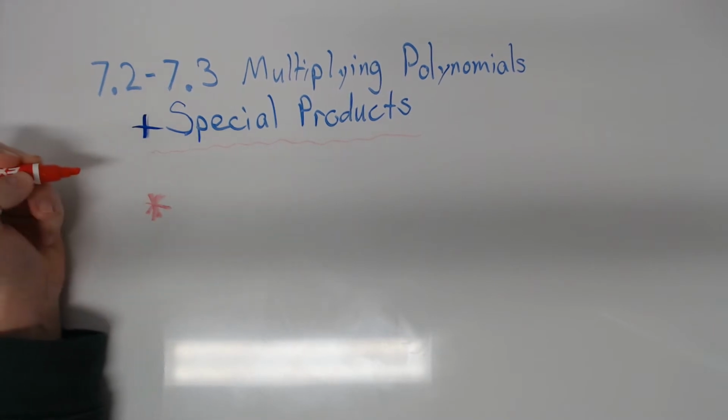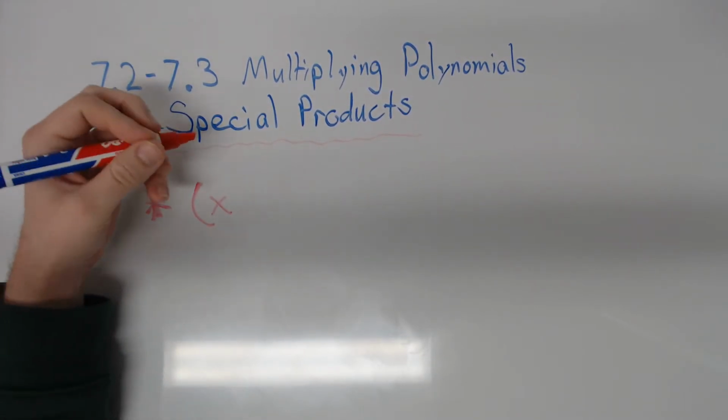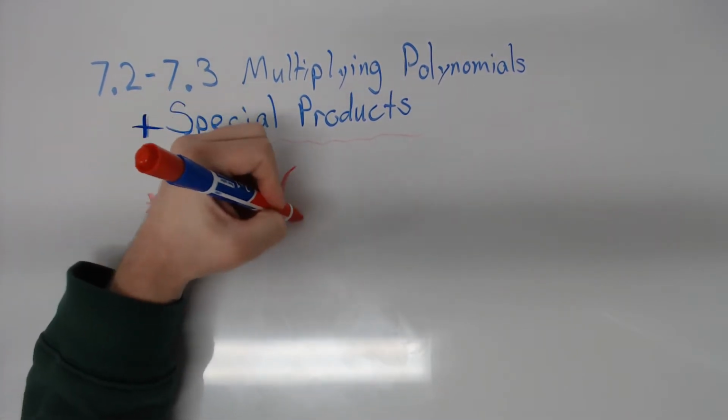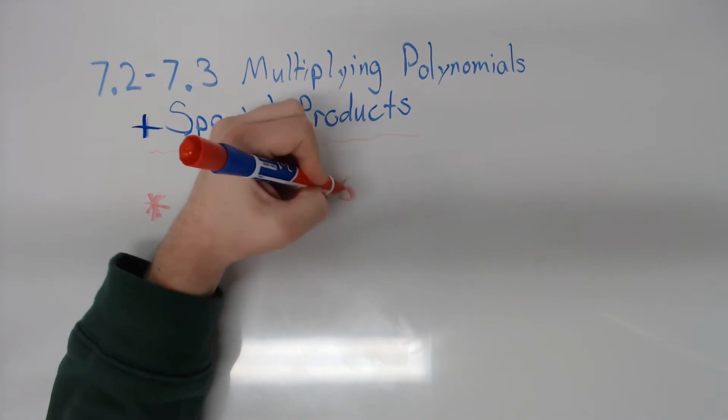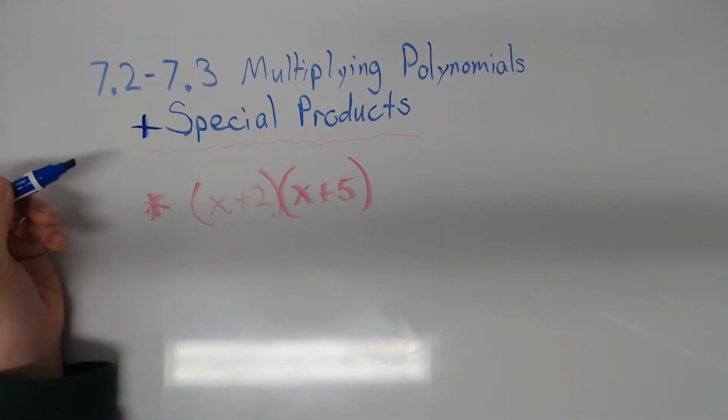Now, this is what you know how to do, which is the distributive property. This isn't going to be our typical strategy because we're going to come up with a graphic organizer that makes this work a little bit smoother. So say we have these two parentheses multiplied together.